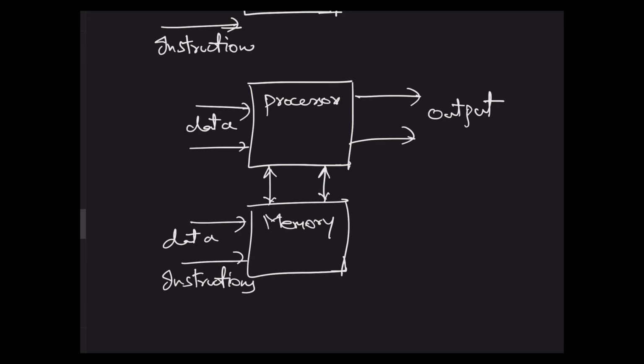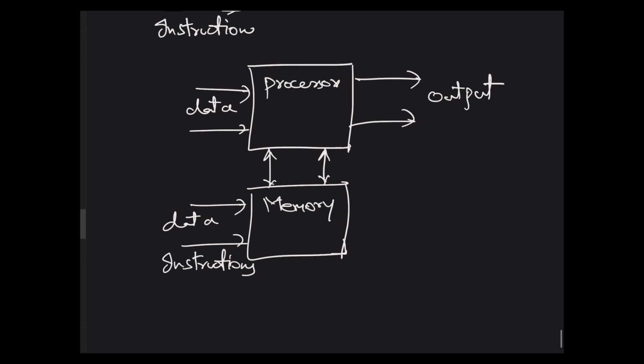Whenever it needs some data to operate on, it reads the data from the memory. It also reads the instructions from the memory, what to be done. It processes it, and then it writes back the output to the memory. Whatever output is needed, it writes back to the memory. Once the output is written back to the memory, we can use it in whatever way we want.